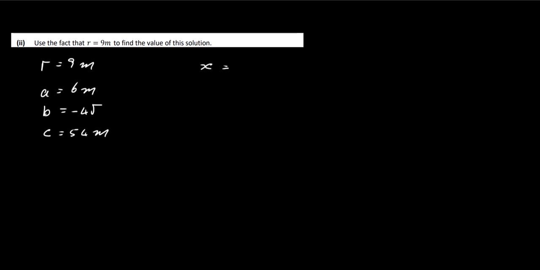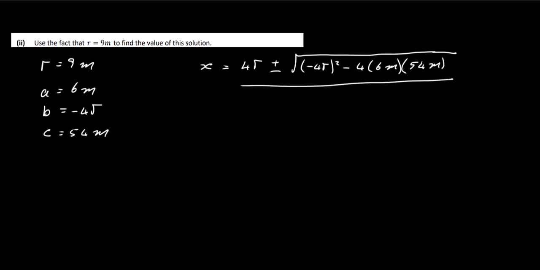So we know that x is equal to minus b, so that would be plus 4r, plus or minus the square root of b squared, so that's (minus 4r) squared, minus 4 times a, which is 6m, times c, which is 54m. All of this is over twice a, which is 6m.